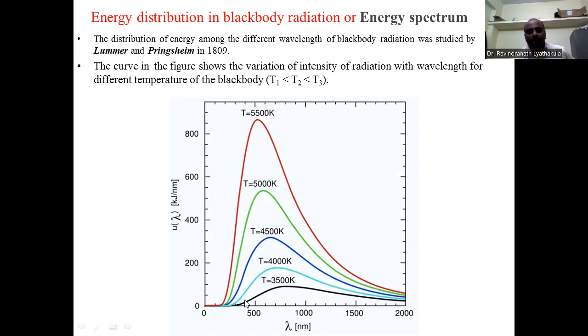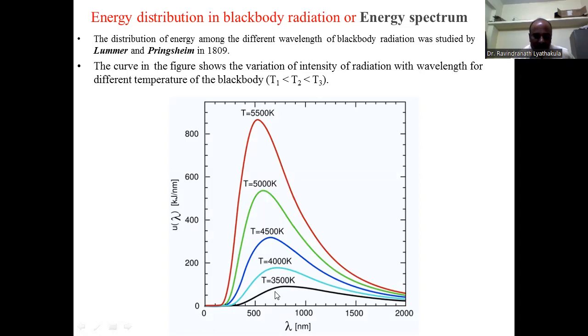With increasing temperature, the wavelength we consider as lambda maximum, meaning the wavelength at which the energy density is maximum, is called lambda maximum. The wavelength lambda m corresponding to the maximum intensity is observed on every temperature curve.